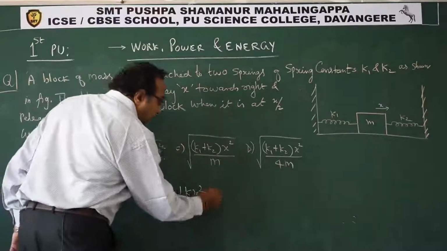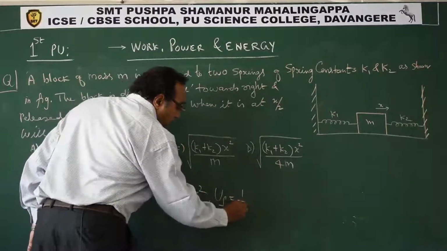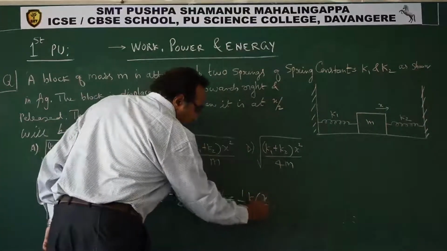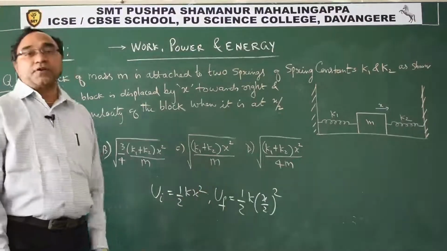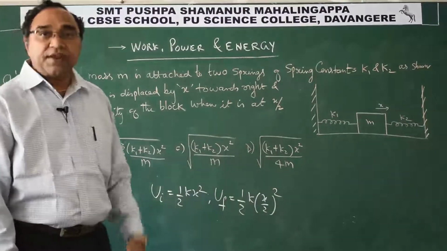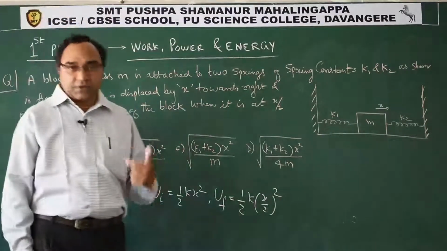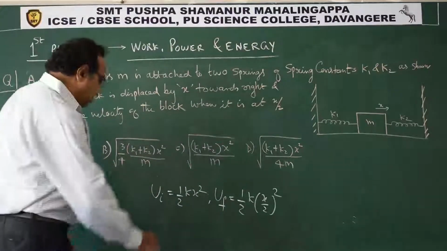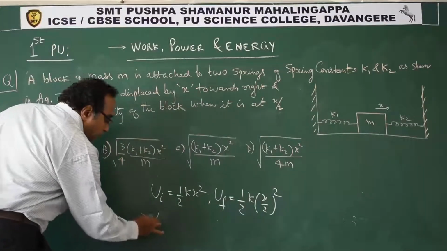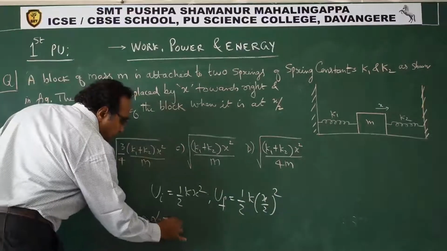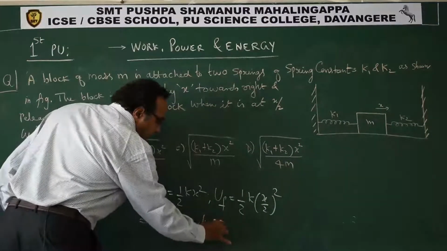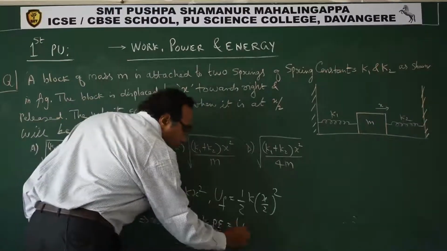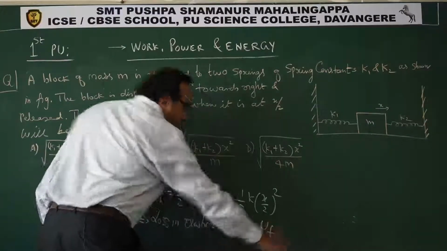What will be final? Final is half k(x/2)². So the final elastic potential energy of the spring is less than the initial. Therefore, what can we conclude? Loss in elastic potential energy will be initial minus final.